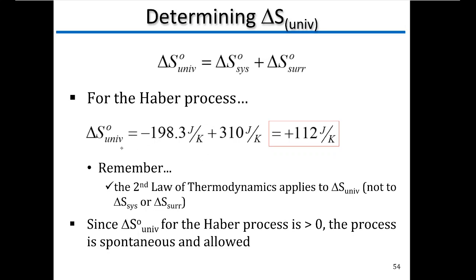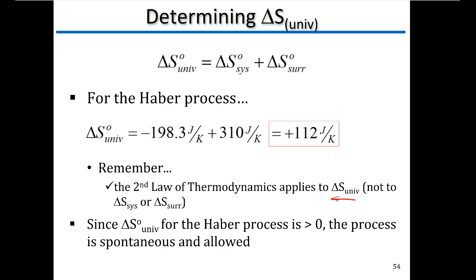So let's say delta S of the universe is equal to minus 198.3 joules per Kelvin plus 310 joules per Kelvin. So that's going to give us a positive 112 joules per Kelvin. So if we go back to our second law of thermo, or let me rephrase, our second law of thermo applies to delta S of the universe. So exactly what I said on the last slide.